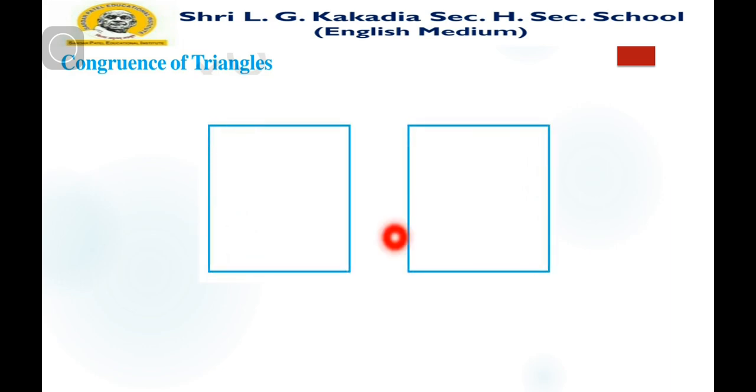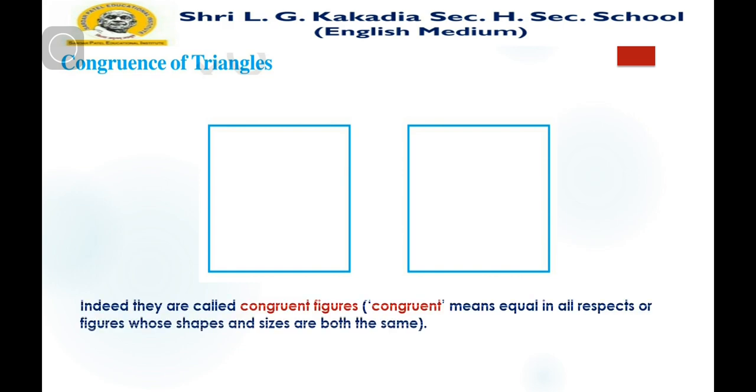You can find that its four sides are equal to the corresponding square's four sides, and all its angles are equal to the corresponding square's angles. So we can say that these two shapes are congruent. Indeed they are called congruent figures.